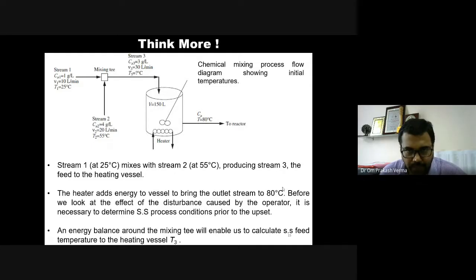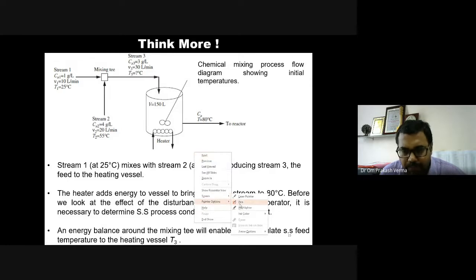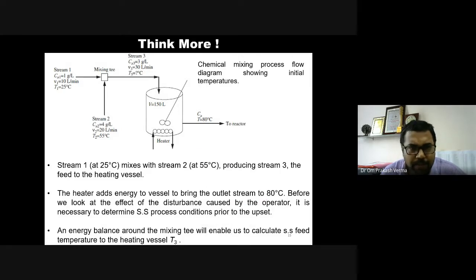Now, the second problem, the same problem is this one. Now, we are introducing the temperature term. Okay. So this is an example of the chemical mixing process flow diagram showing the initial temperature also now.